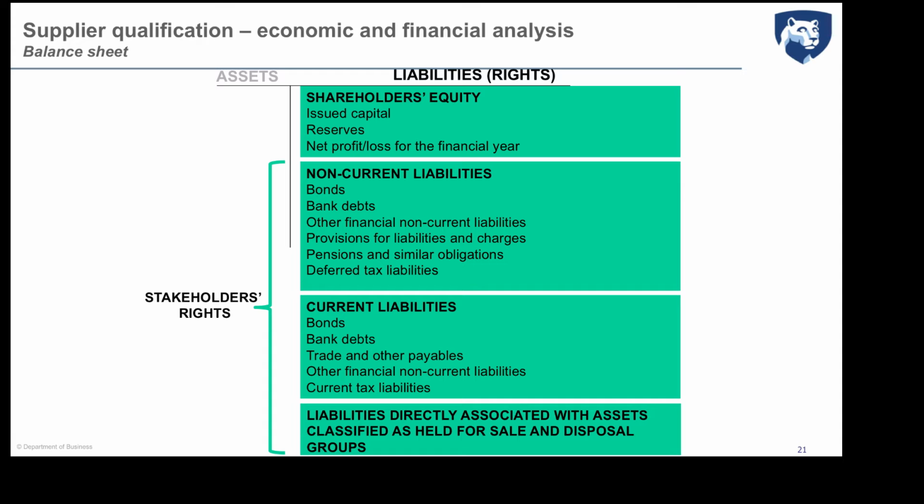So which are the rights that other people have on properties and activities that I actually own as a company. In particular, we distinguish shareholders here, which are people that own the company.